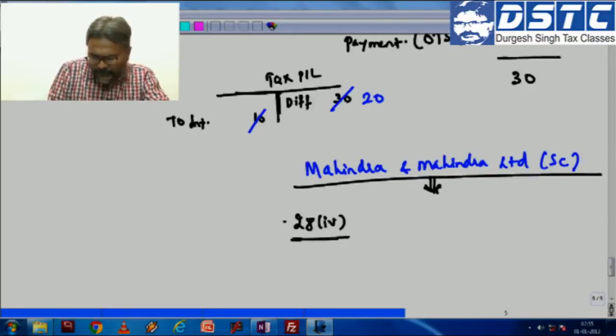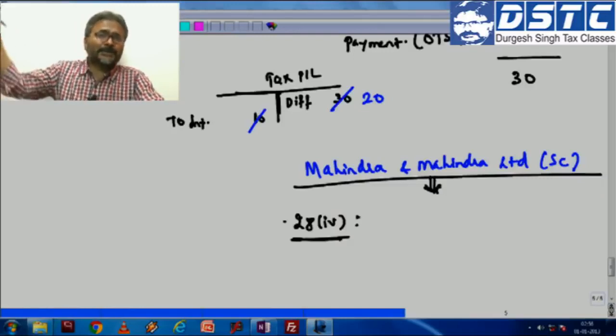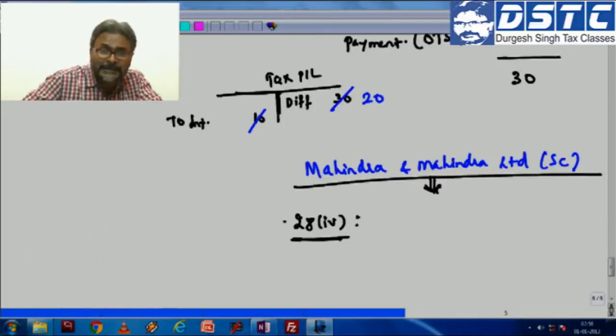Here they have gone with 2 or 3 references. One was on 28(4). Are you aware of 28(4)? In 28(4) what they have said was that in the case of a non-monetary benefit or perquisite arising from business, such non-monetary benefit or perquisite will be charged to tax.